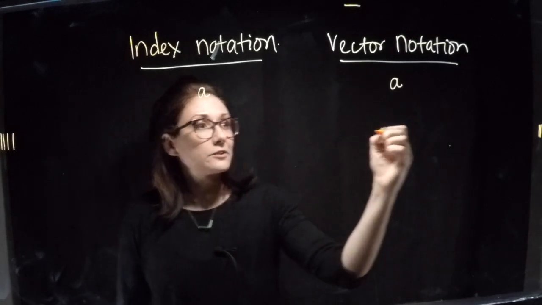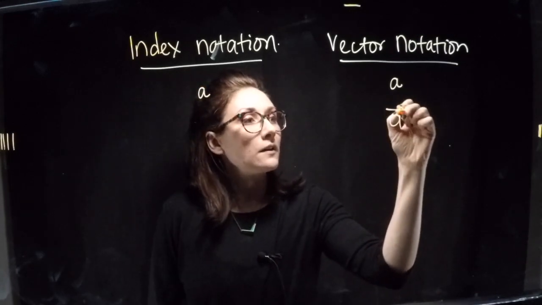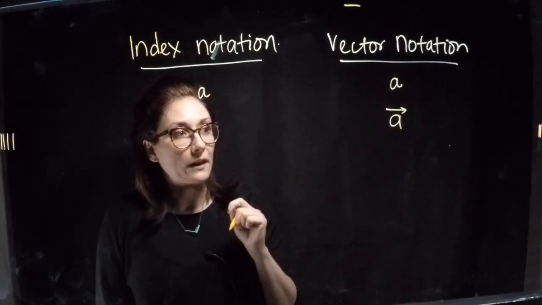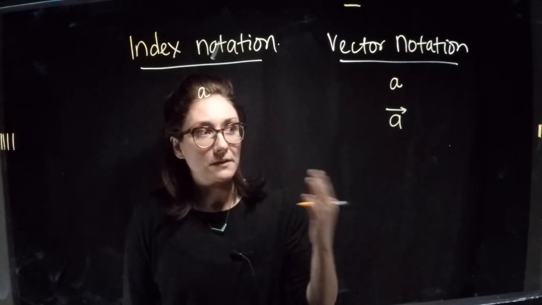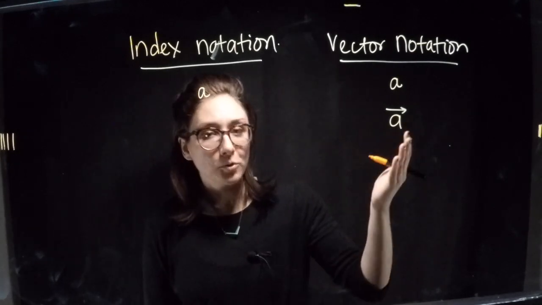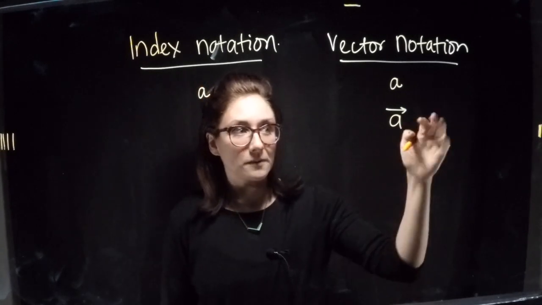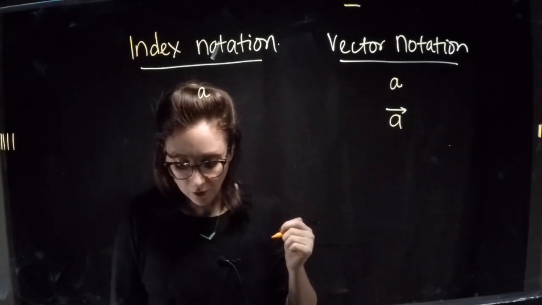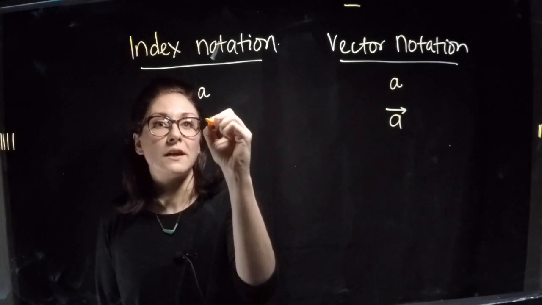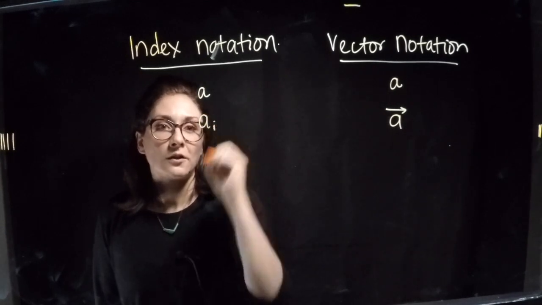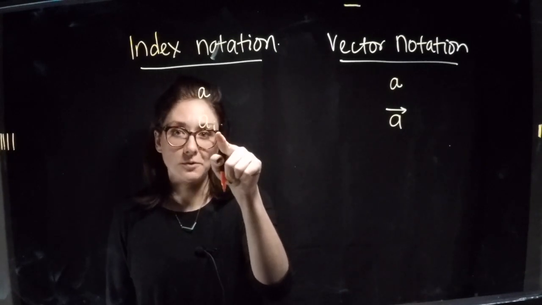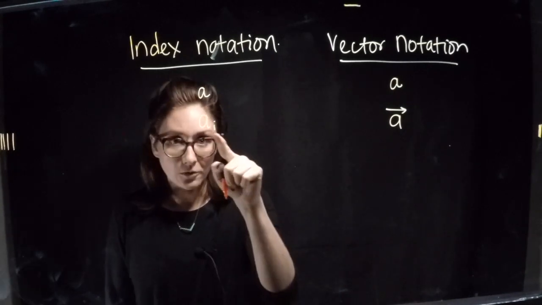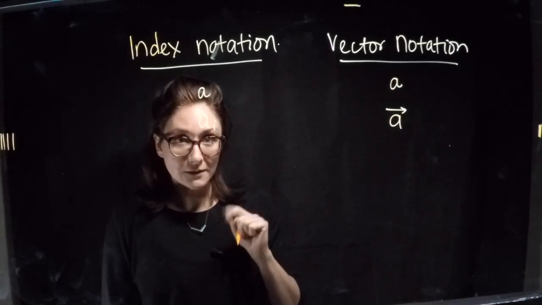Okay, a vector, I tend to write with a little vector arrow over the top. In a textbook, this might be a bolded symbol or perhaps a symbol with a line underneath; all are common ways to write vectors. In index notation, you're going to have an A, or your variable, with a subscript I. And I'll go into a little more detail about what that I means in just a second.